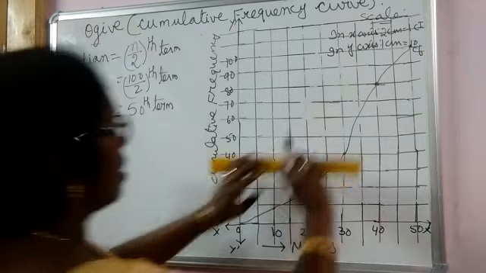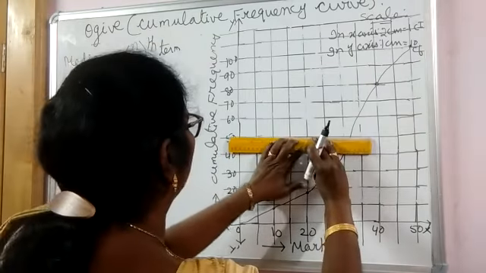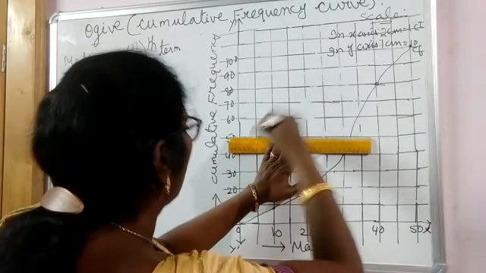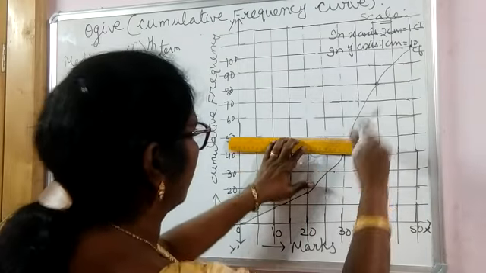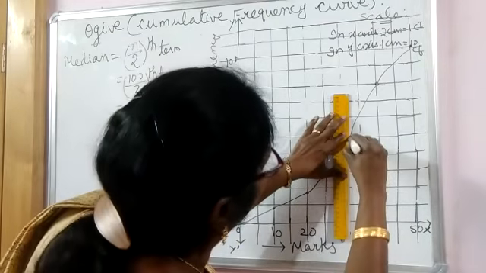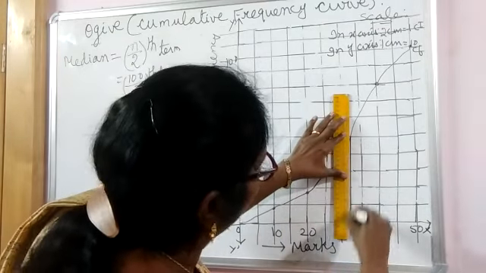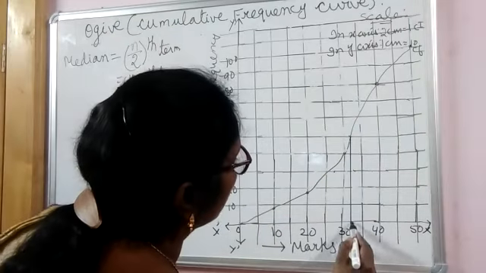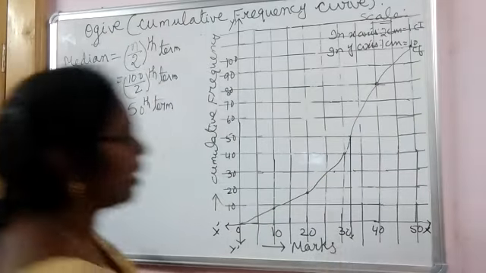For that, from 50, already this line is there. From here, let us draw a vertical line. This point shows the median.